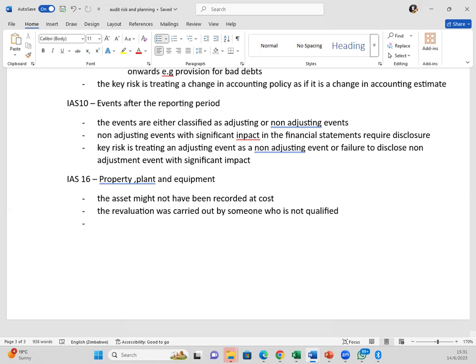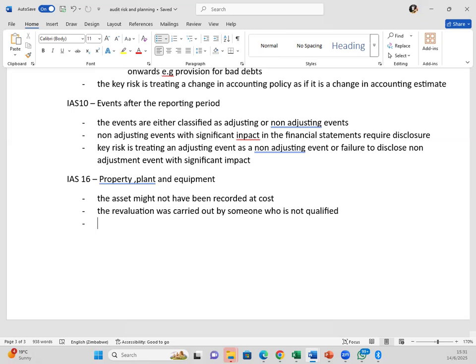Okay. So if there was revaluation of PPE, as auditors we might need to review the paperwork of the person who carried out the revaluation to see, are they a competent person? Otherwise, the assets could be overvalued.